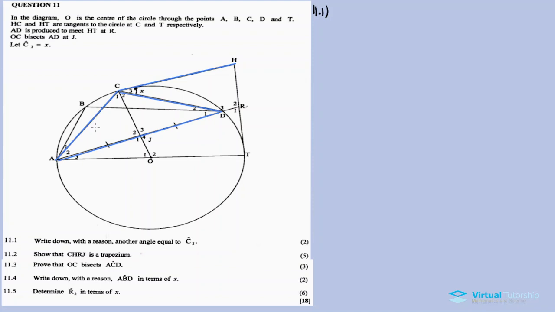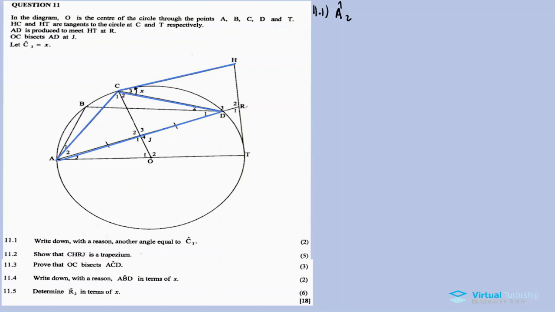So since we have the tan chord theorem, we need to find another angle which is equal to C3. Now A2, for sure, tan chord theorem.